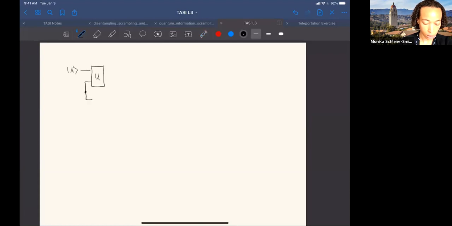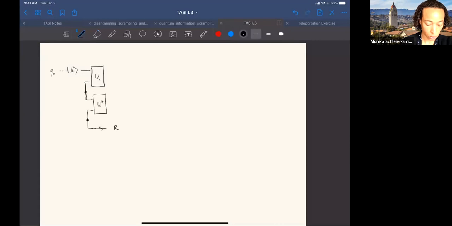That is entangled with Bob's black hole, U star, and that is also entangled with Bob's reference qubit. Let's give these names because it might be useful.